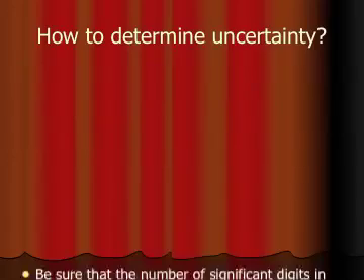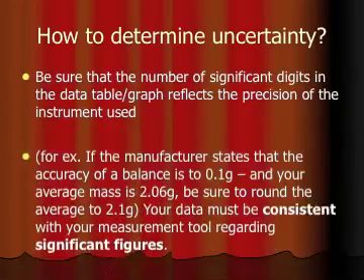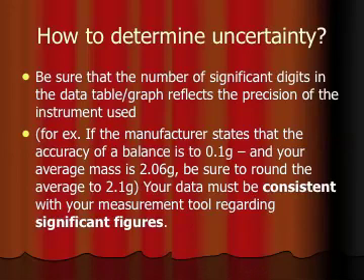Okay, so when you are determining uncertainty, be sure that the number of significant digits in the data table that you are writing down or in the graph that you are drawing reflects the precision of the instrument used.